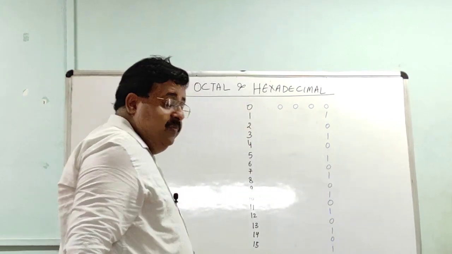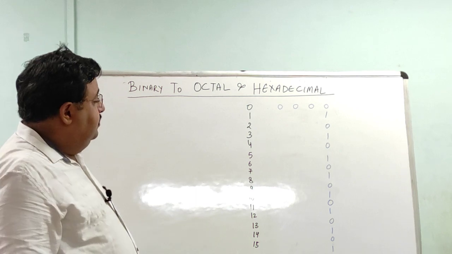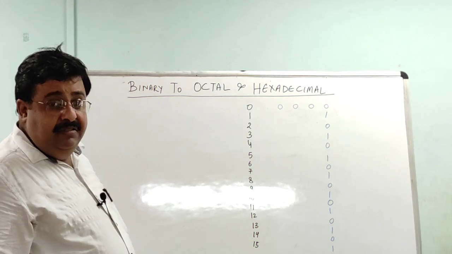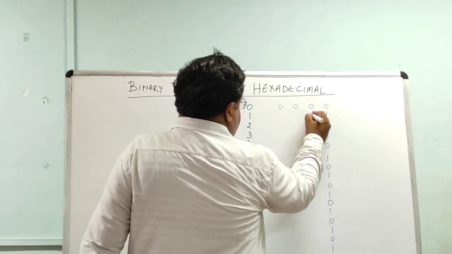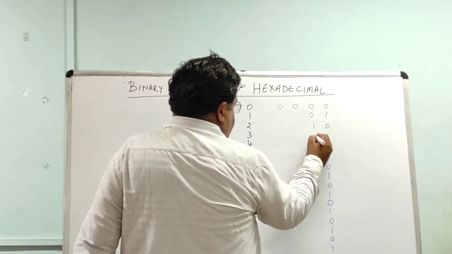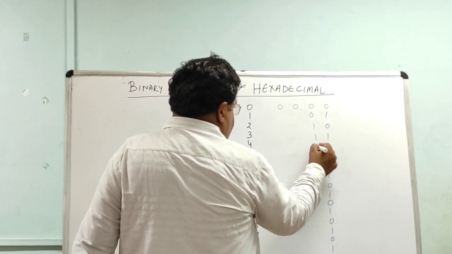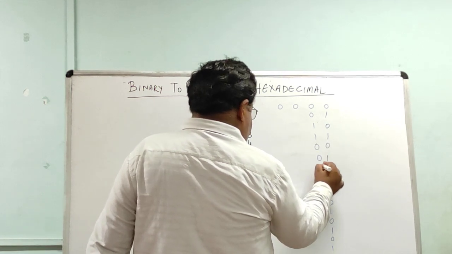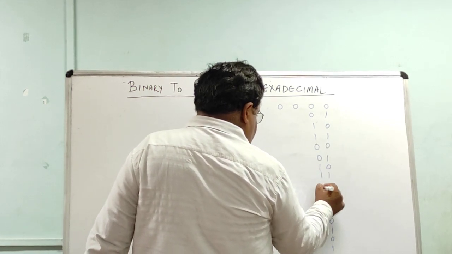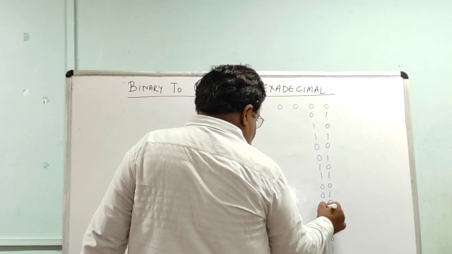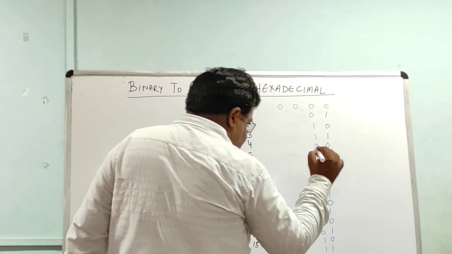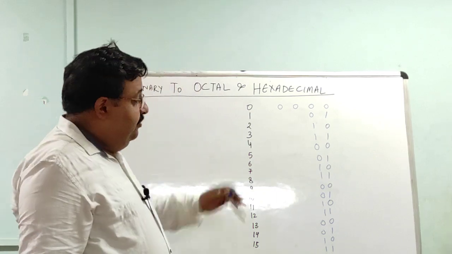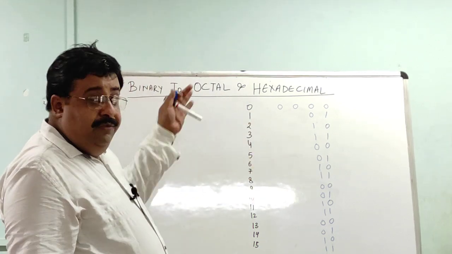Thereafter, I will write 2 0s, 2 1s. So, 2 0s, 2 1s, 2 0s, 2 1s, 2 0s and 2 1s, 2 0s and 2 1s. Now 4.